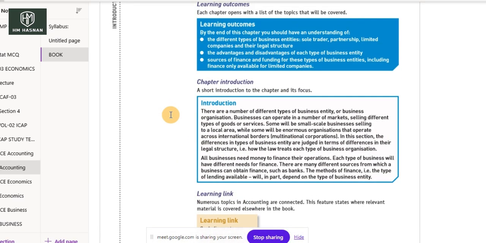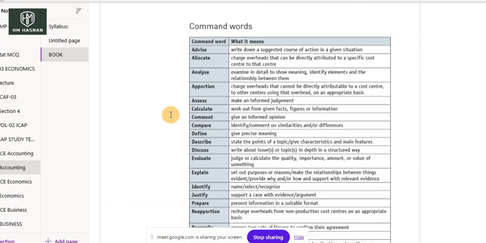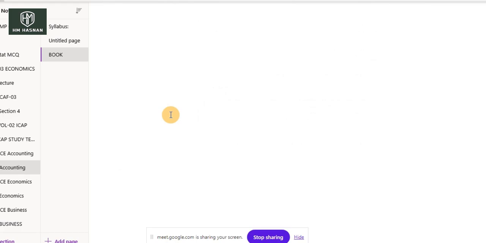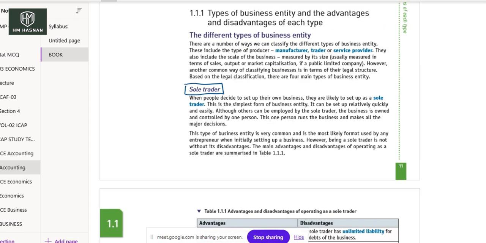Sir, in my book, it's showing me that I can go to digital access of it. Okay. Do you want the digital access of it? I can get it now. But how can I access it?